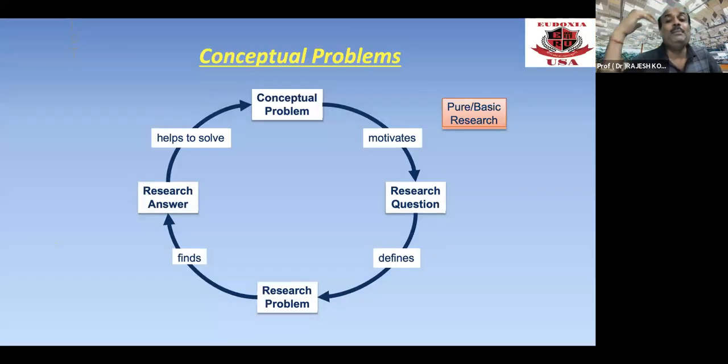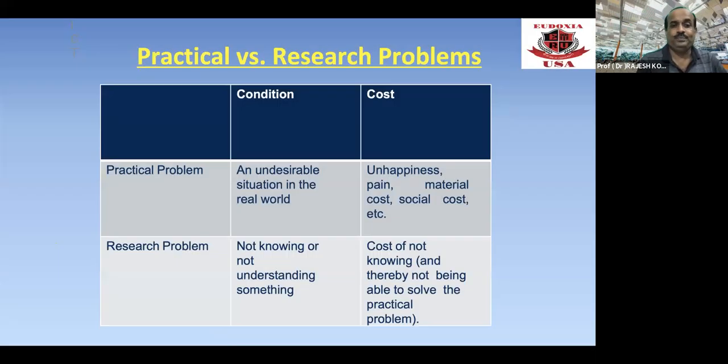Sometimes it may come through a concept, a conceptual problem, which motivates me from pure or basic research. It gives rise to a research question; you define it, find the methods, then answer it, solve it, and then assimilate.